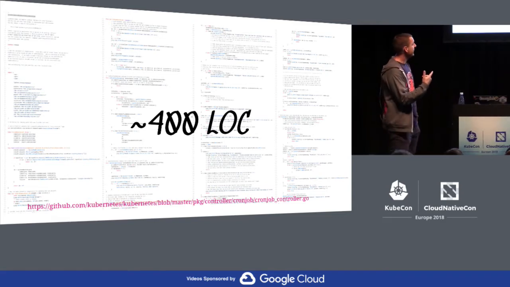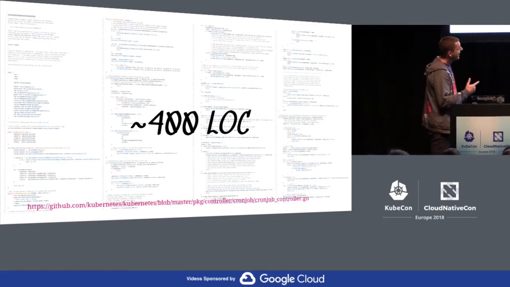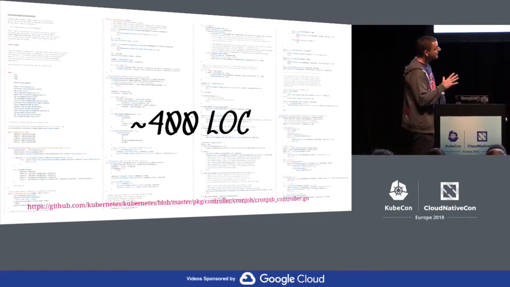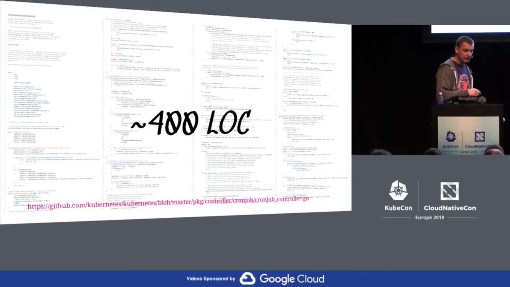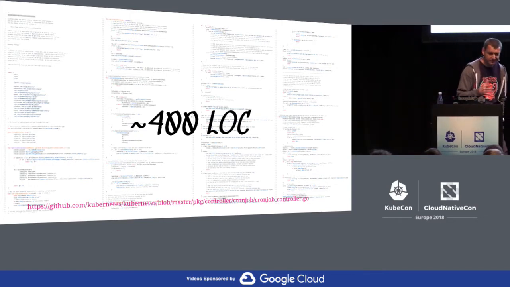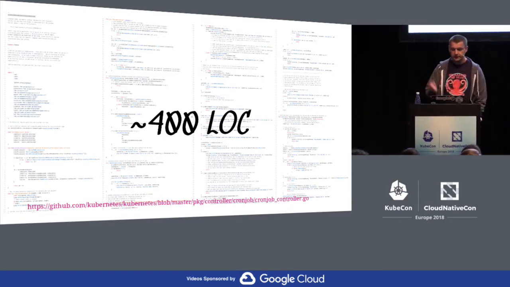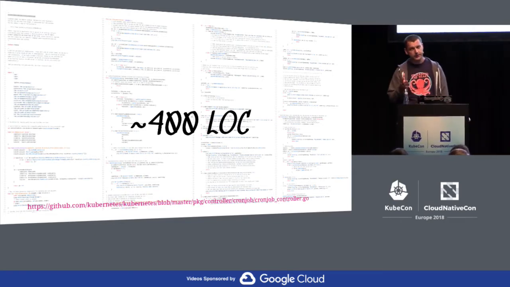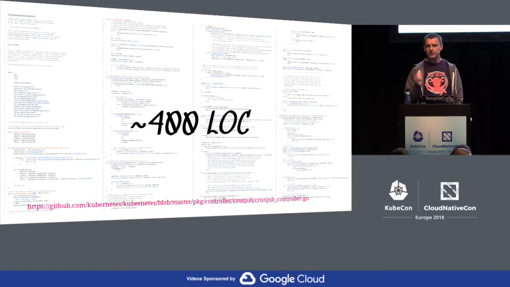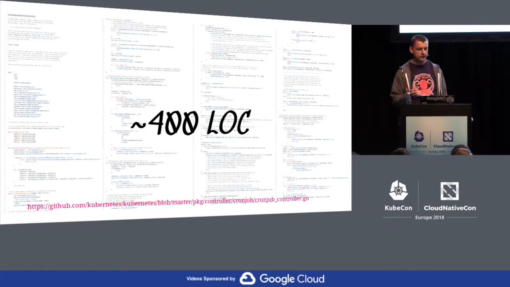This is actually a CronJob controller. It's almost 400 lines of code, but if you count the additional utilities, it will be closer to 1,000 lines of code. But the good thing is, it's probably the smallest controller that we have in the Kubernetes world.